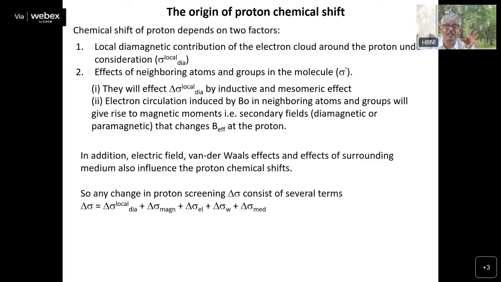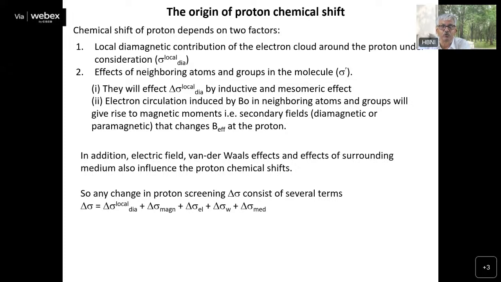Besides that, there could be other effects like the electric field, the van der Waals effect, and a surrounding medium effect. They also influence the proton chemical shift, and we will see some examples of such effects and how they change the chemical shift of the proton.